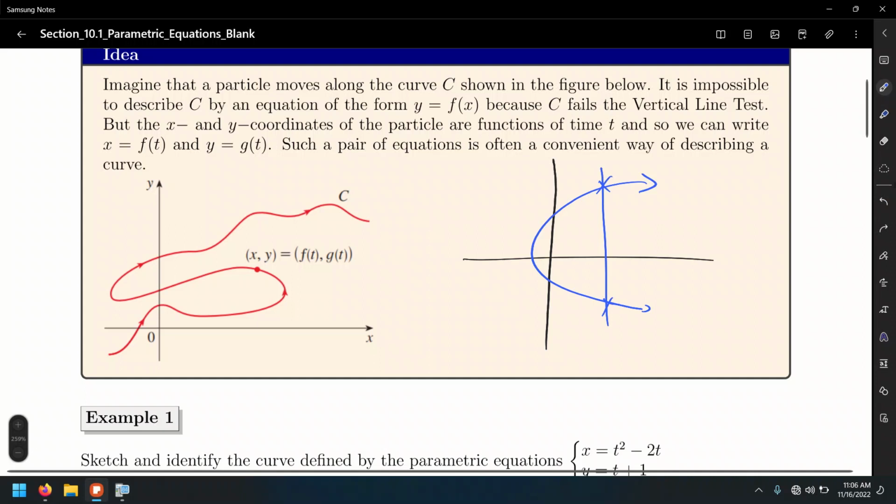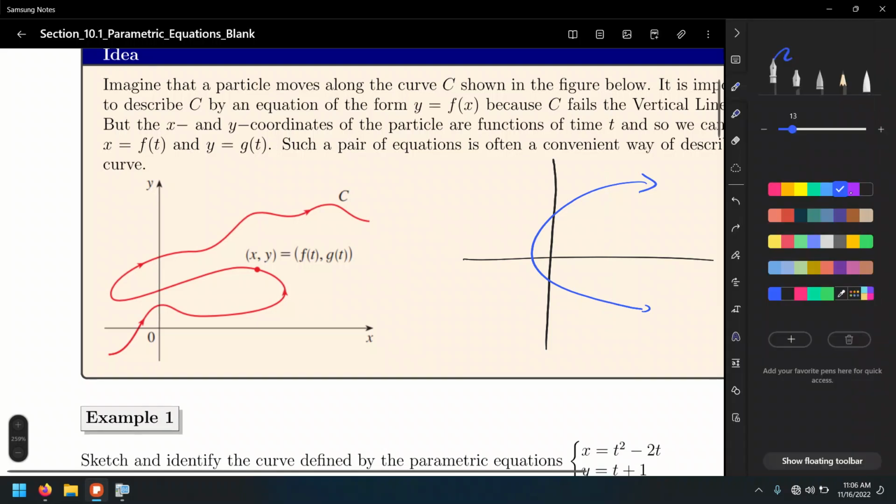What if I told you that this is a function, depending on how you describe it, on how you design this function? Well, what do I mean by that? Well, what if this is the trajectory of some particle? You may have seen this before.